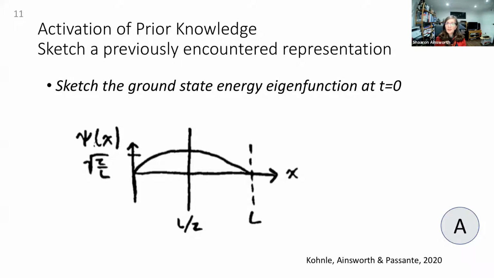So this for me is not activation of prior knowledge, but it is for my junior level physicist studying quantum mechanics. So at the beginning of a complex series of lessons on, well, complex to me, on, I don't know, time dependence and the infinite well and all sorts of things that I barely understand, they're asked to sketch familiar representations that they've already encountered, just to get that representational form that they might have been working on for a year back into their working memory, back into their active knowledge.